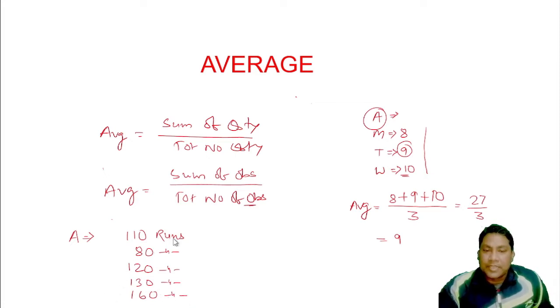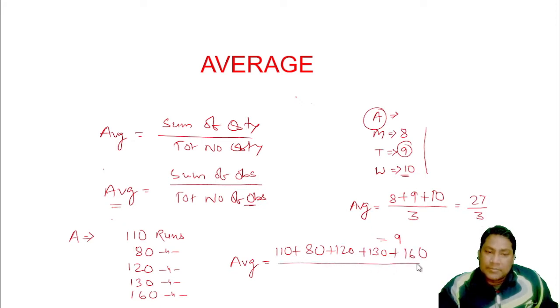For taking out the average run, we will sum the observations and divide it by total number of observations. Sum of the observations is 110 plus 80 plus 120 plus 130 and the last day 160. We will divide it by number of observations.